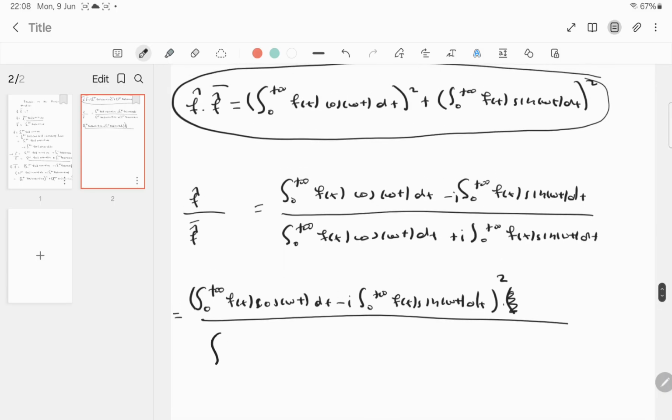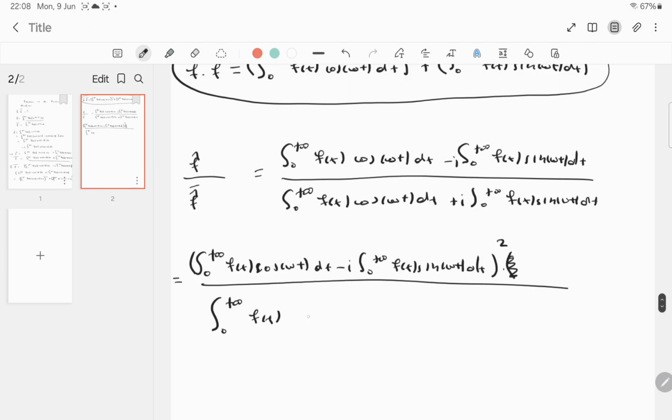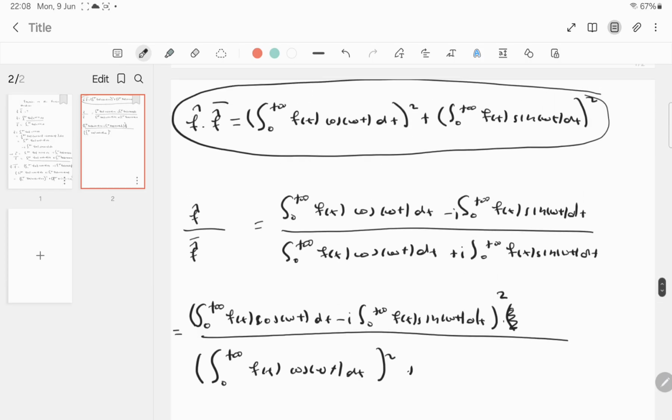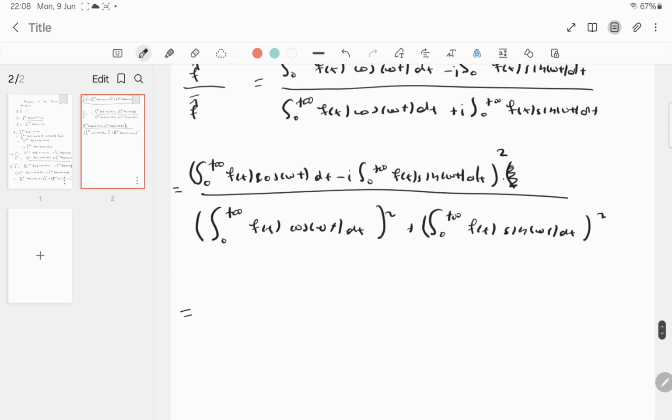And the denominator is the integral from 0 to infinity of f of t cos omega t dt squared, plus the integral from 0 to infinity of f of t sine omega t dt squared. I use the identity to expand the numerator.